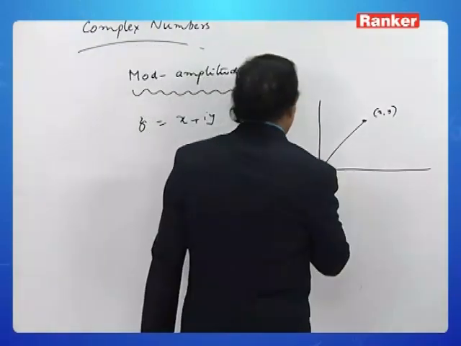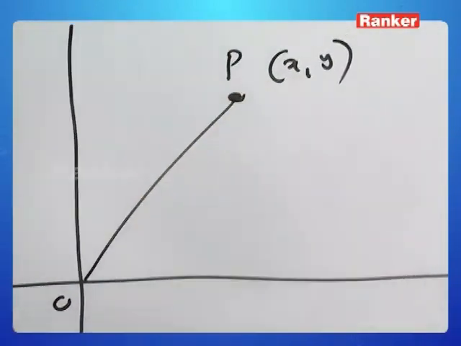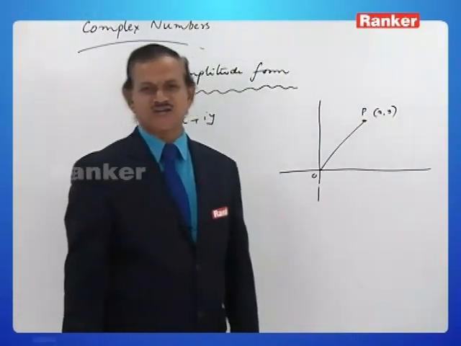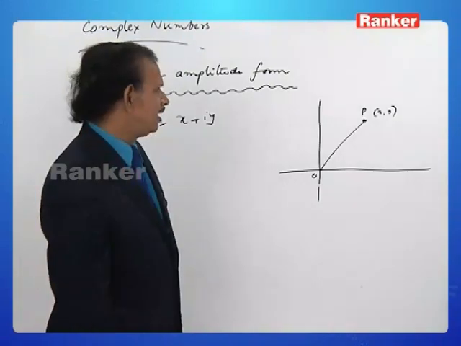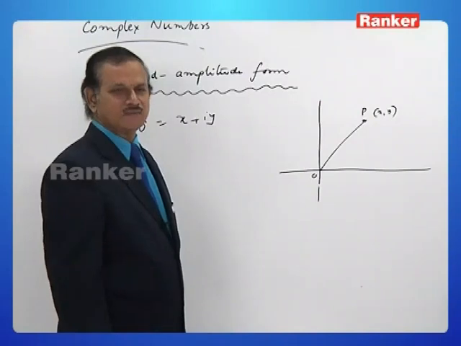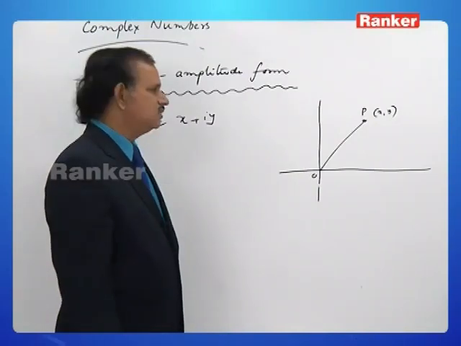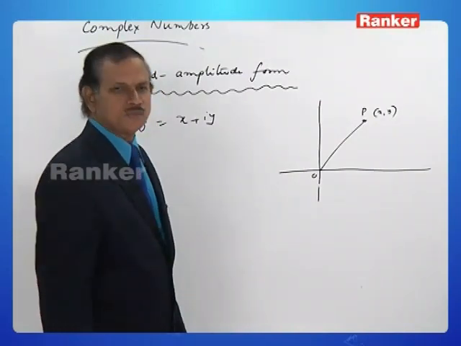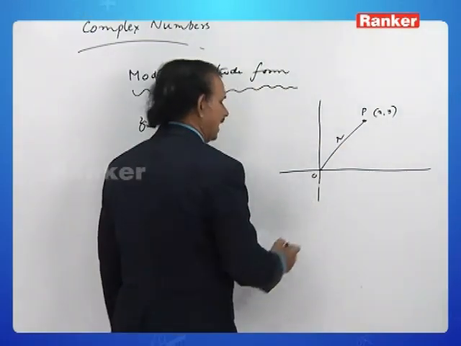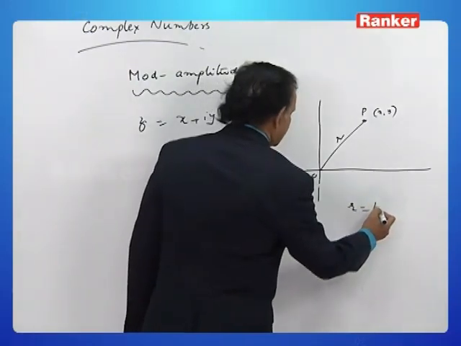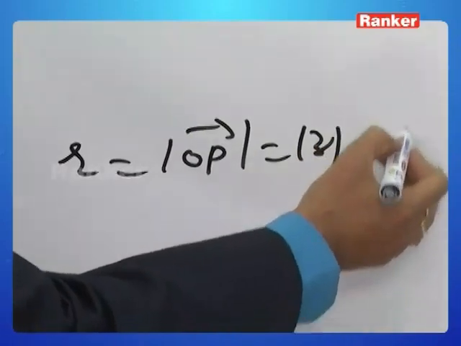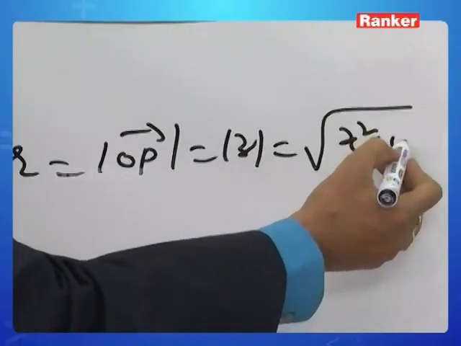Well, let OP be the vector corresponding to the complex number z is equal to x plus iy. We all know that modulus of OP bar is nothing but root of x square plus y square, absolutely a positive real number, and let me represent that as small r. That is, small r is equal to mod OP bar is equal to mod z is equal to root of x square plus y square.